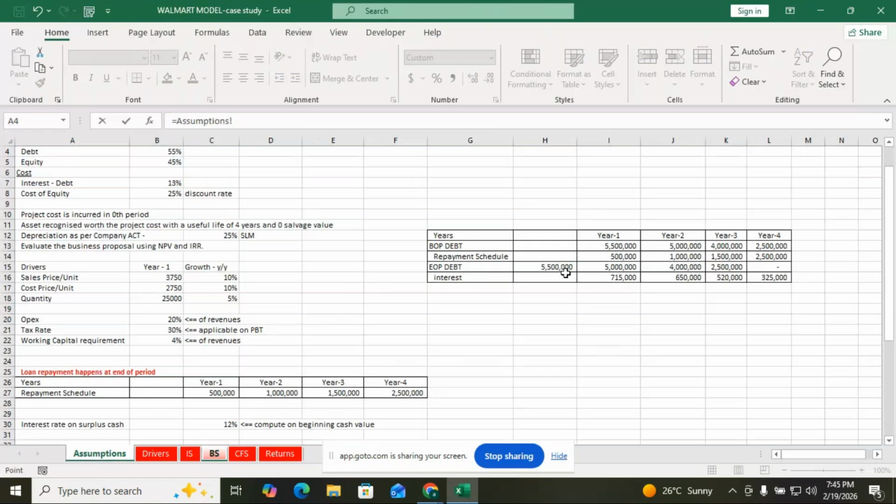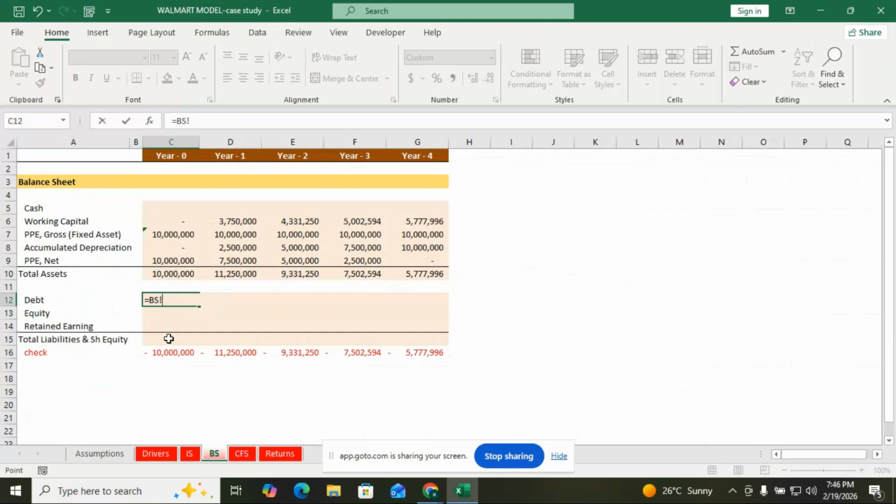Your end of the period debt is there. You can observe this, right? For year 0 it is the initial loan amount of 55 lakh, then 50, then 40, 25, and in year 4 it is 0. So this end of the period debt is what you have to put here in the balance sheet. Is that clear?